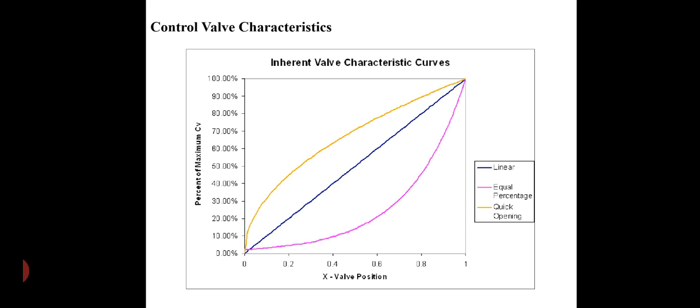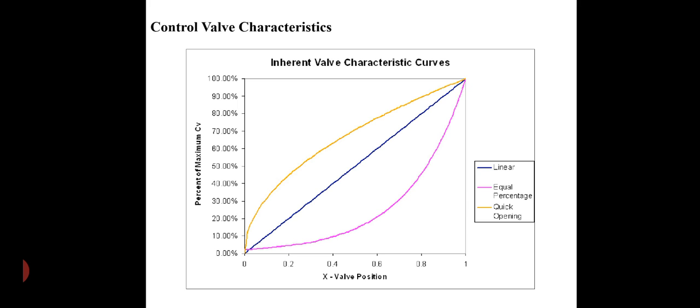Basically, the flow characteristic of a control valve is the relationship we establish between the flow rate through the valve and the valve position, taken by changing the stem from 0 to 100%. 0 to 100% means fully closed to fully open, or from fully open to fully closed. Further, the inherent flow characteristic we will also study.